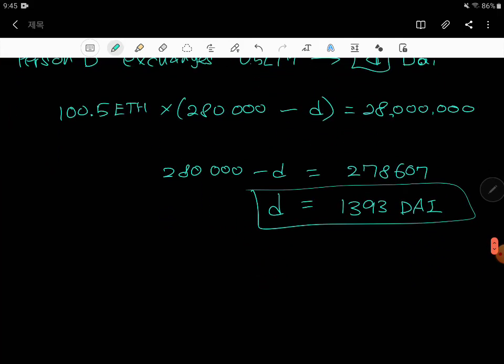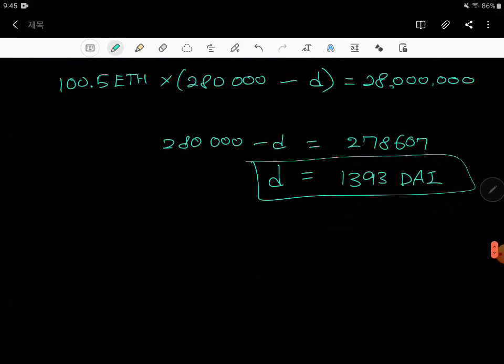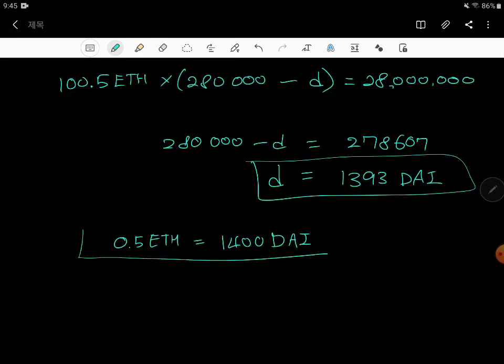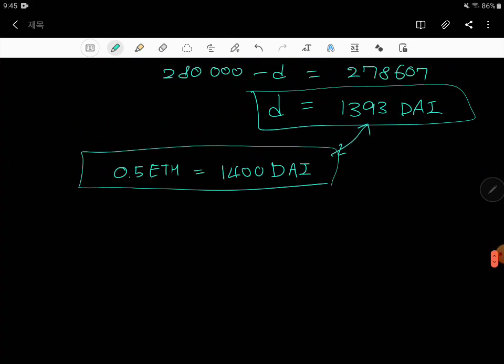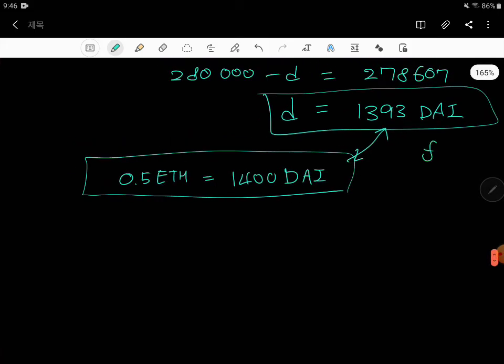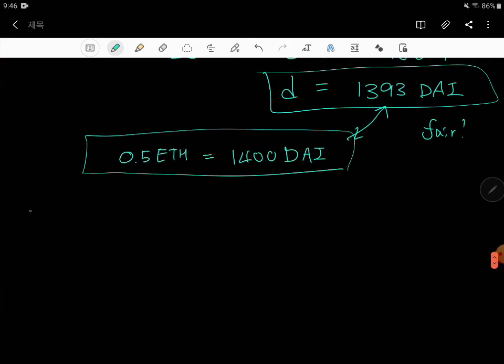Okay. So we know the exchange rate for 0.5 ether is 1,400 DAI. If you compare this to this, it's quite close. So it's quite fair pricing. It's fair. So let's compute price impact.